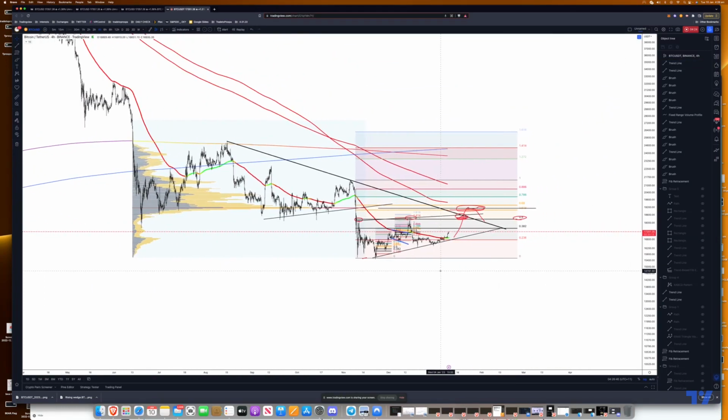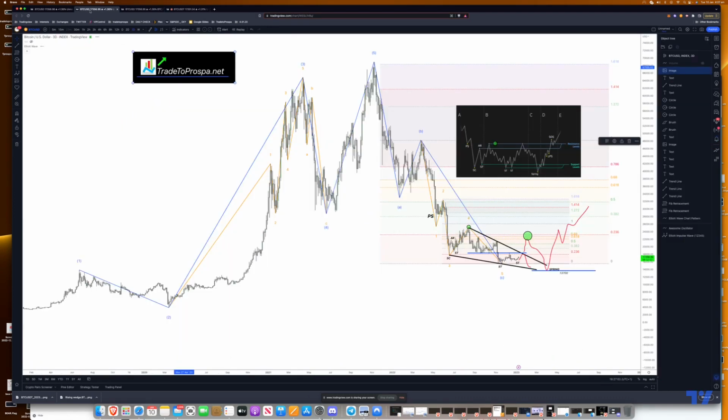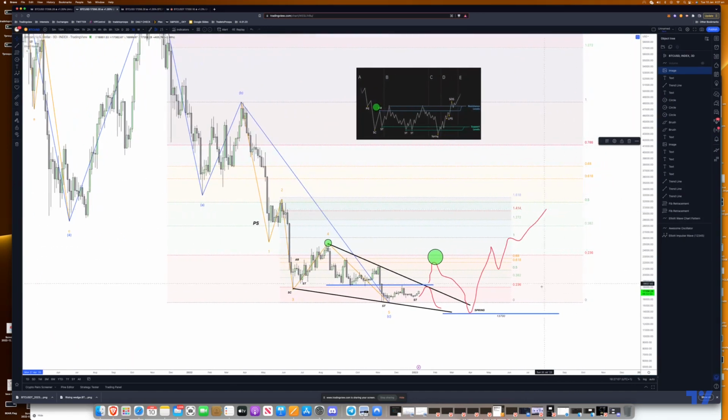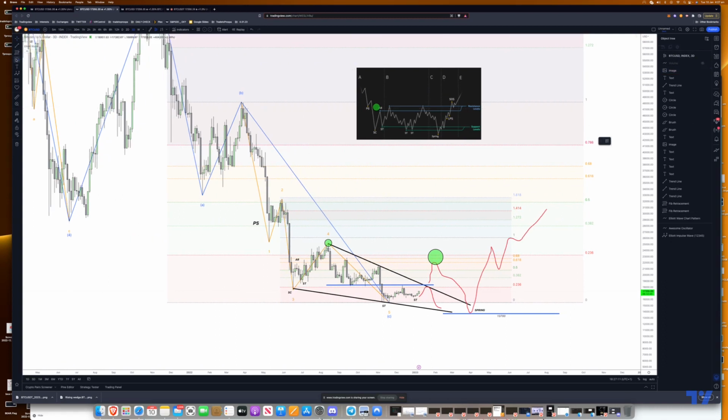The main thing around here, if I was to do it, let's see if we've got another chart. We've got this 0.618 already. This area is resistance, but let's see if we've got another chart. I was looking at this scenario where this can really be bullish as well.